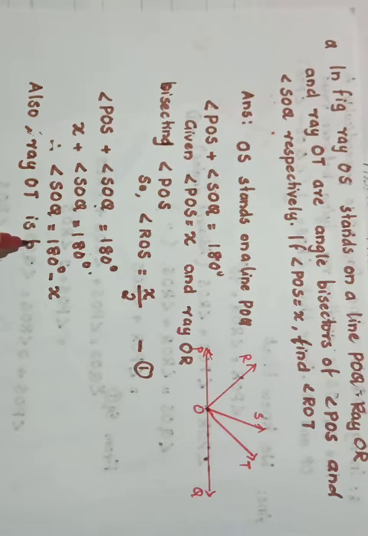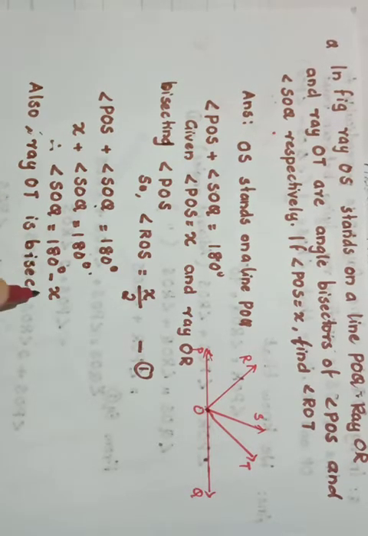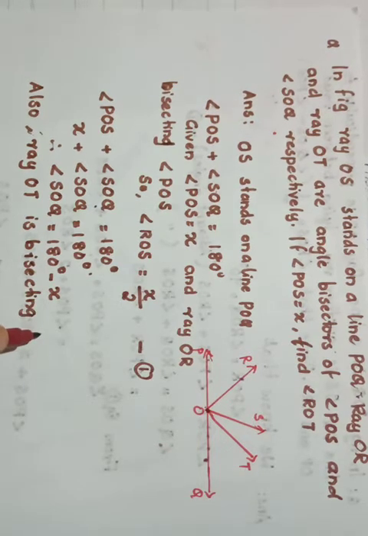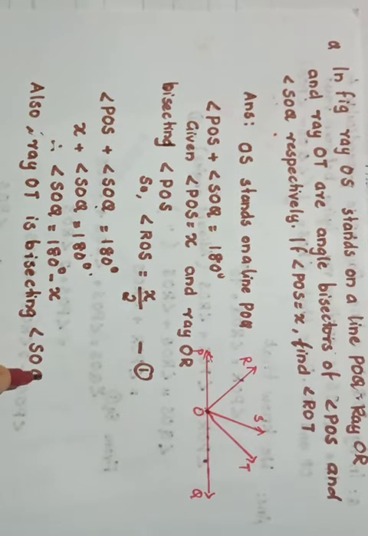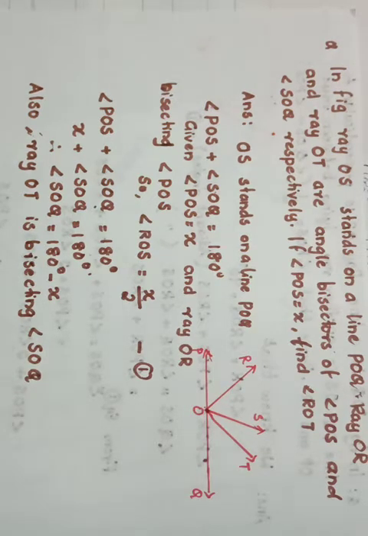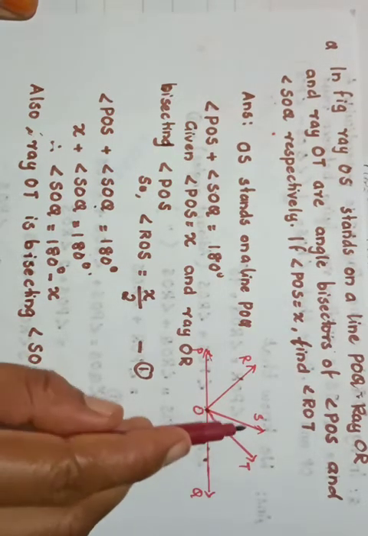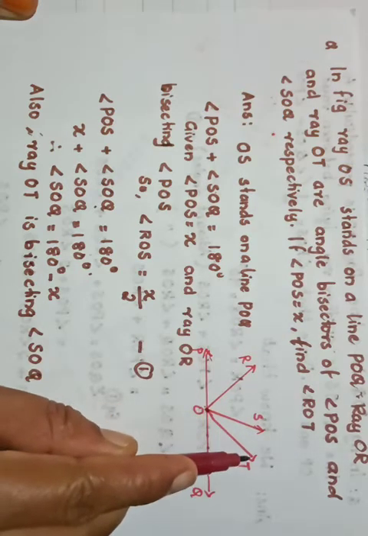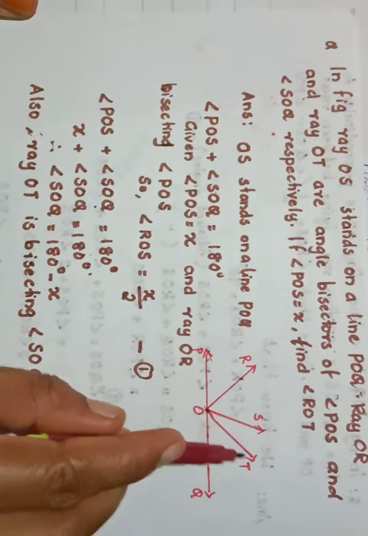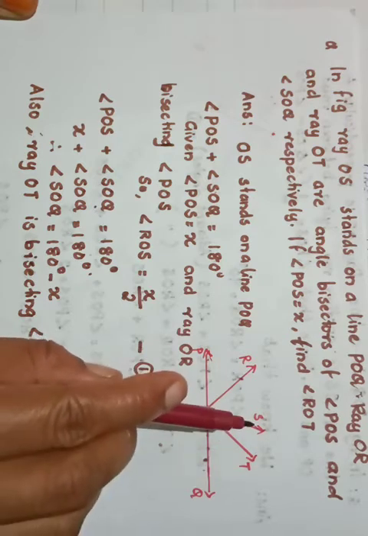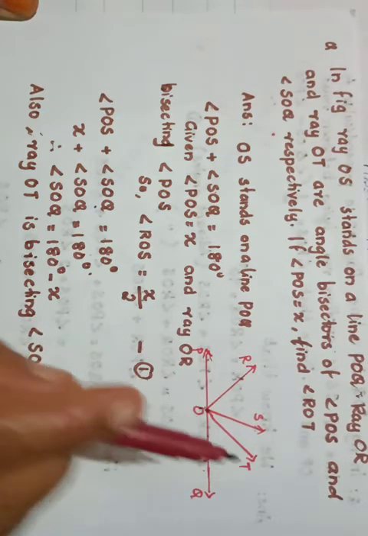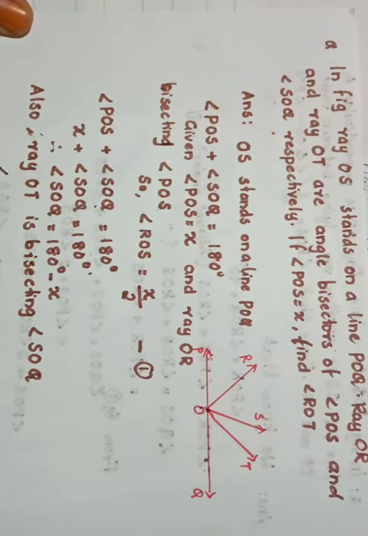is bisecting, making half, isn't it? Bisecting angle SOQ. So since ray OT bisecting angle SOQ, we know that angle SOT and angle TOQ are equal. So let us take angle SOT, which is equal to half of angle SOQ, that is 180 minus x.